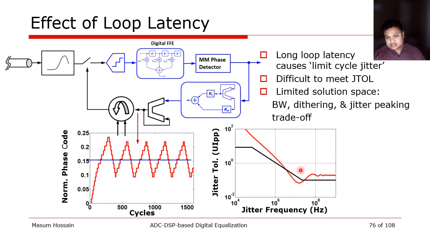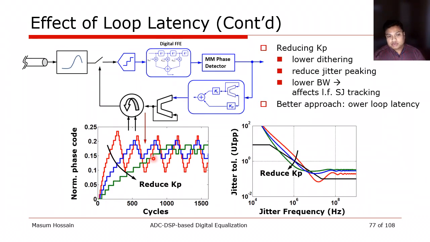What this causes is, due to this additional noise at this given frequency, it dips in the jitter tolerance plot and violates the margin. One simple way to overcome this without reducing the latency would be a reduction in the proportional gain. Therefore, we see in the green plot the dithering is only a couple of cycles.